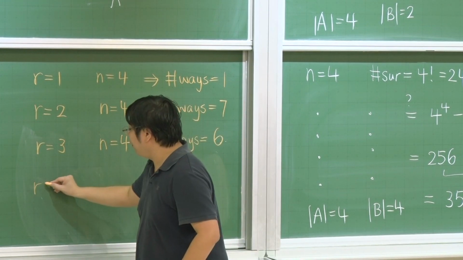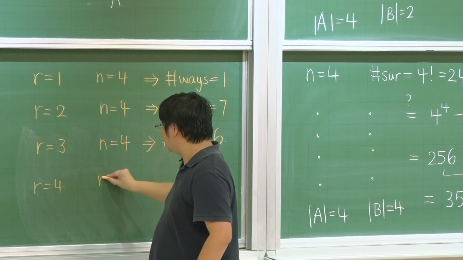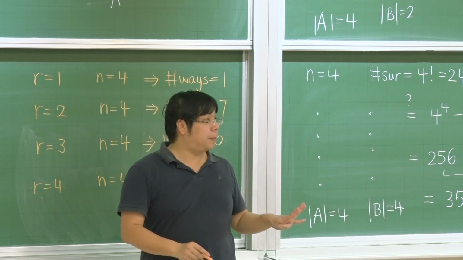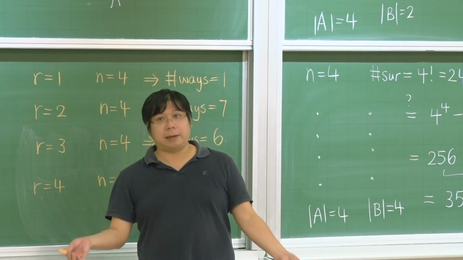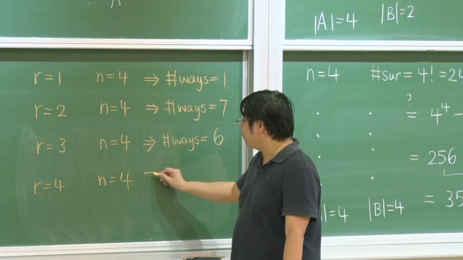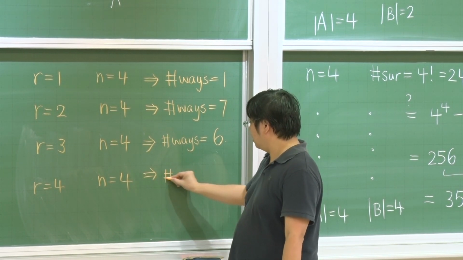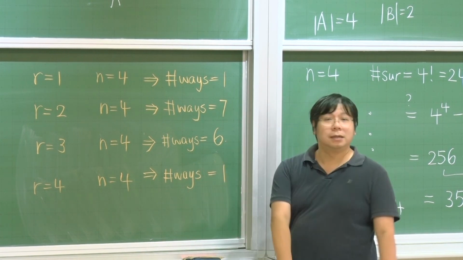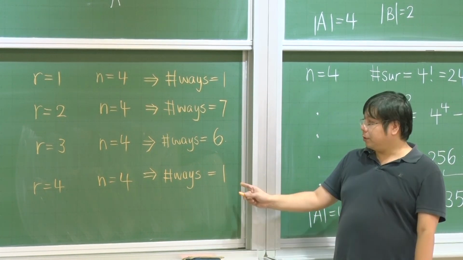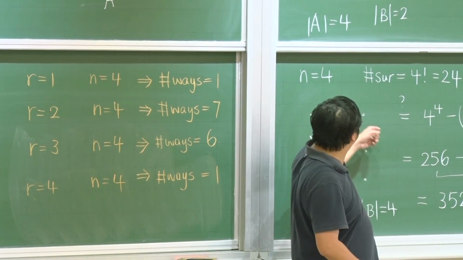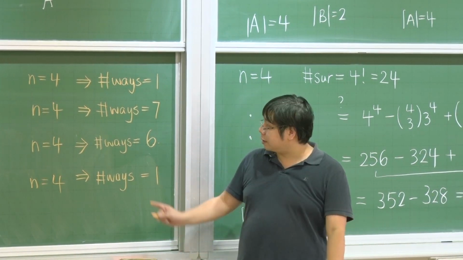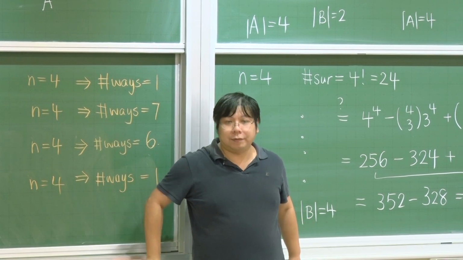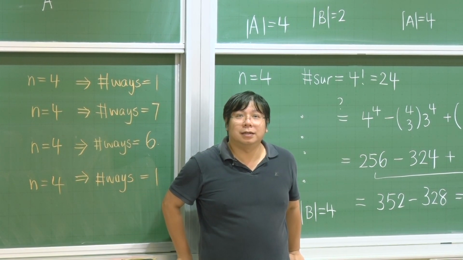When r is equal to 4, n is equal to 4, you have 4 boxes and 4 balls. No box can be empty. So the number of ways must be 1 here. And then to get the corresponding number of surjections, we multiply 1 with 4 factorial, so we get 24.